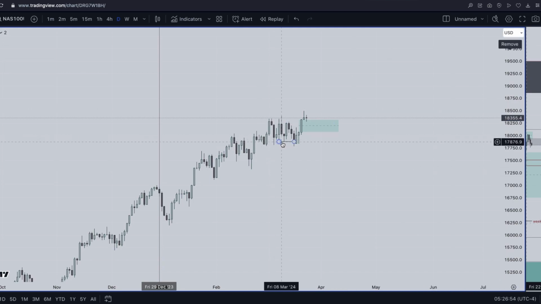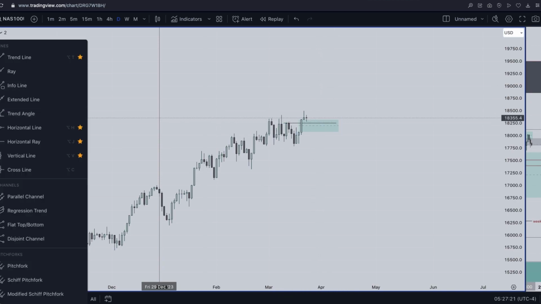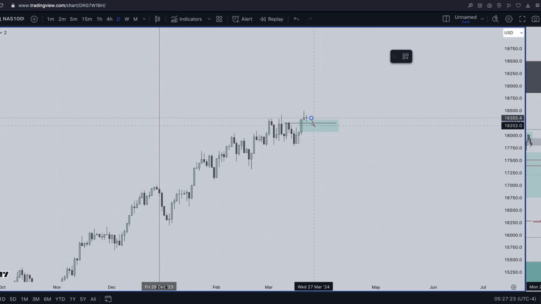So now what you're left to do is just apply the time frame alignments. As simple as that. This is daily that we're working with, right? We can see this now on the daily. Of course, we didn't see anything on the weekly, but we saw this on the daily. So we apply the time frame alignment. This is daily, so we wait for the 1 hour to drop back inside here, maybe a little bit deeper also.